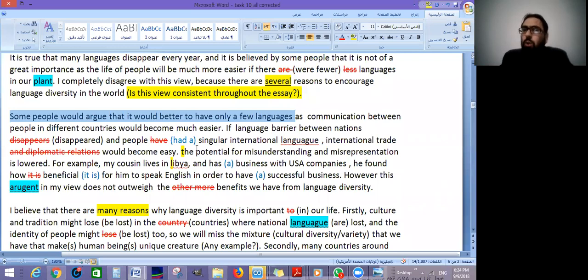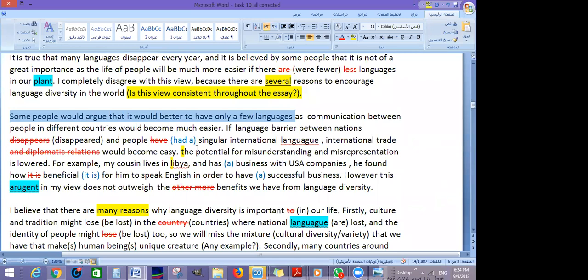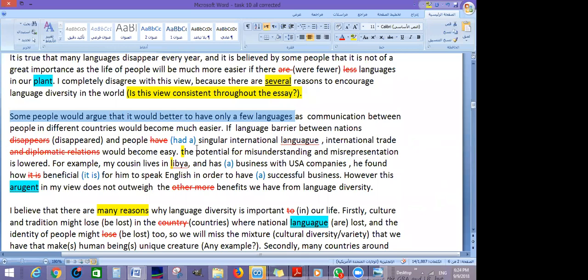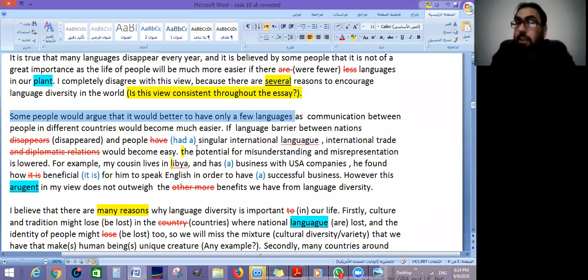So who can tell me what this means here? He's saying some people. He's presenting an opposite opinion. Anyone? What's this going to mean? He is not believing that, and he has to disagree with that at the end. Yeah, he has to disagree.